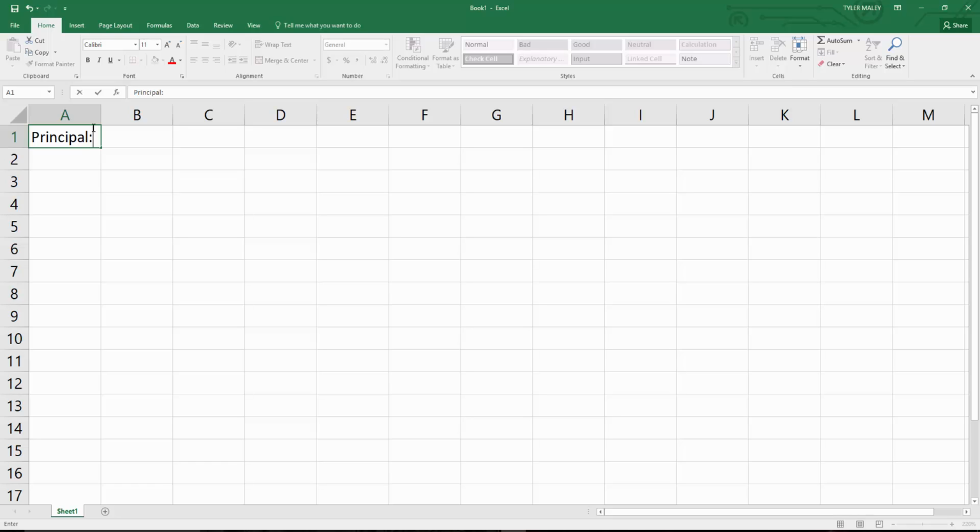All right, so we have principal, and then we have 150,000 here, and then we have APR, and then term, and then here we have typed in years for the units. So this is 30 years and 0.06, right? 6% interest. So I'm going to format these to look similar in the table.